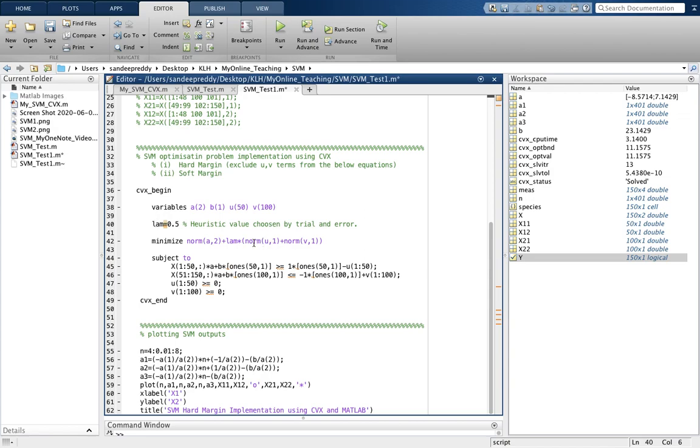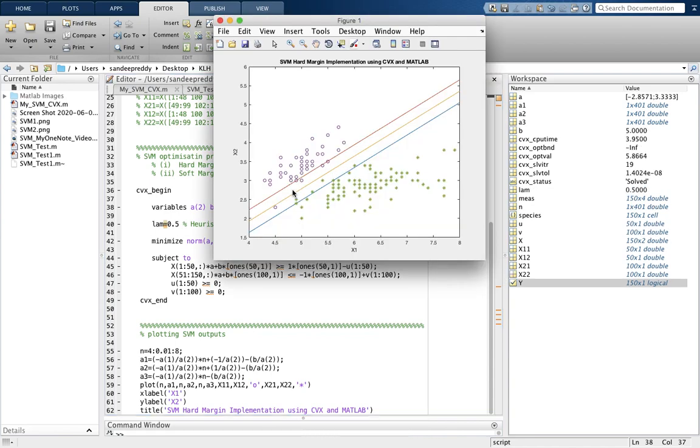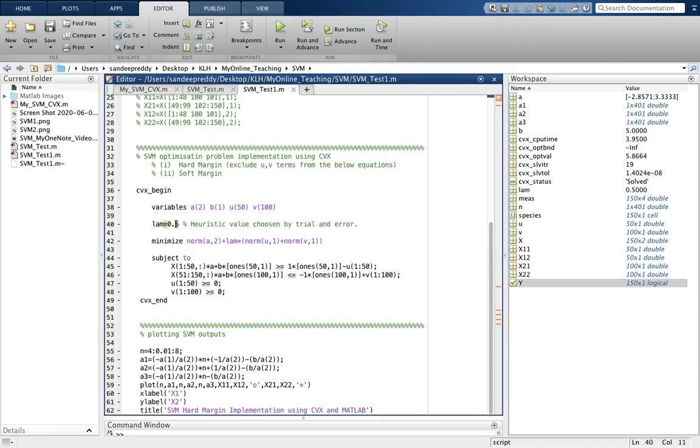If your lambda value is higher, you would be, let us first simulate it and I'll explain using the plot. So as you can see here, with lambda equal to 0.5, some of the data points came outside the boundary. Let us also simulate now for lambda equal to 0.05, so that we can compare both the cases.